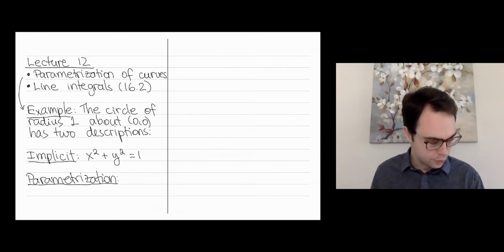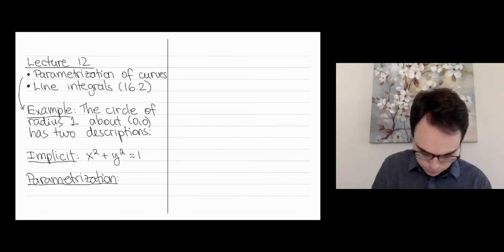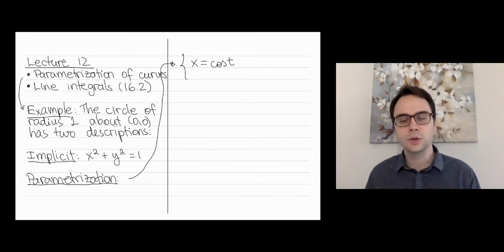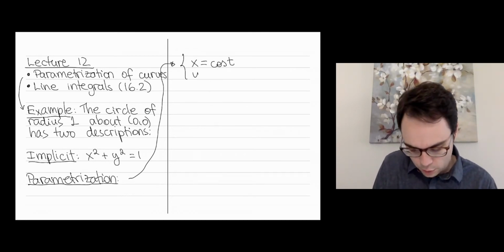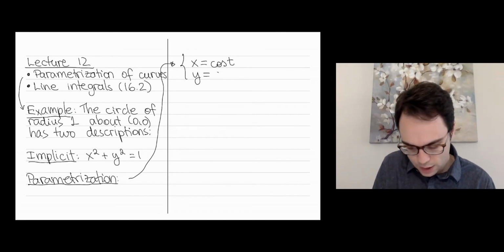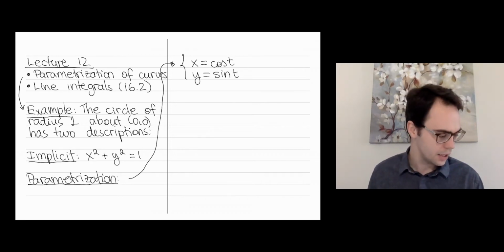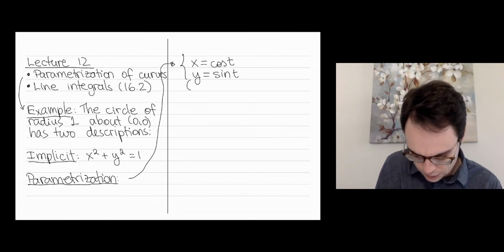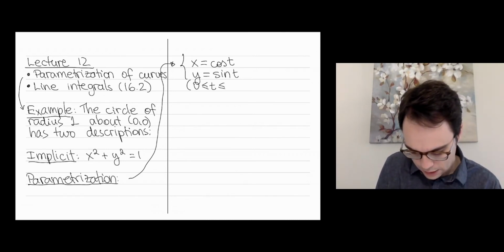The parameterization is pretty simple. The circle consists of points with coordinates x and y given by cosine of t and sine of t for some number t between 0 and 2 pi.